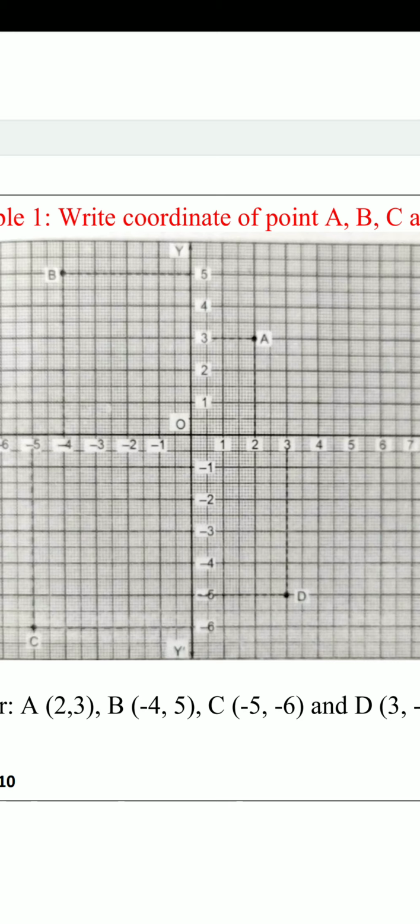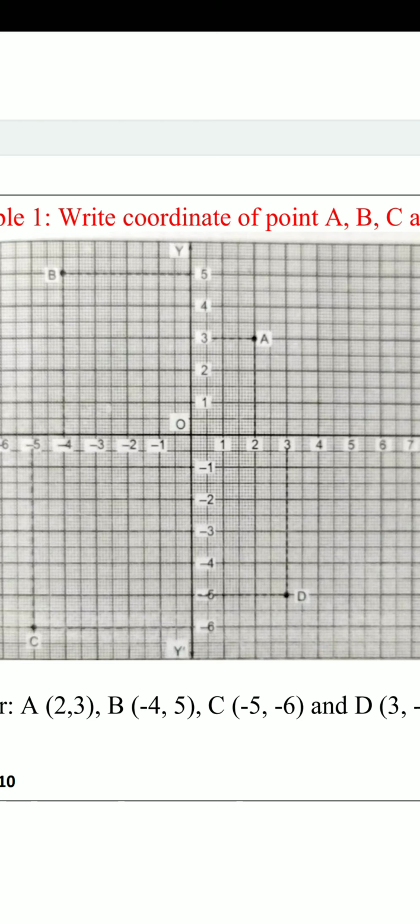See that the distance of point C from the y-axis is 5 units in the negative direction, minus 5, and the distance of point C from the x-axis is minus 6 units. So the coordinates of C are (-5, -6).